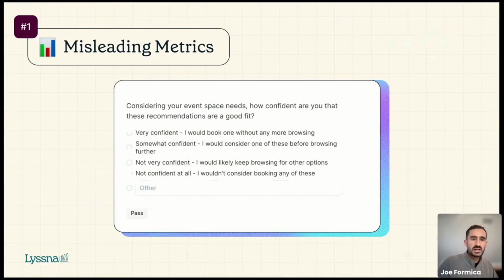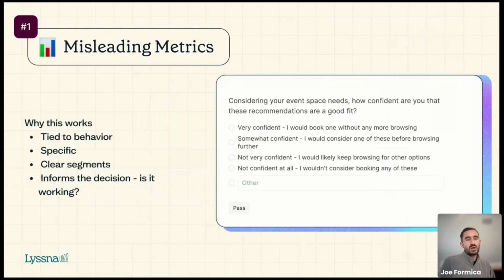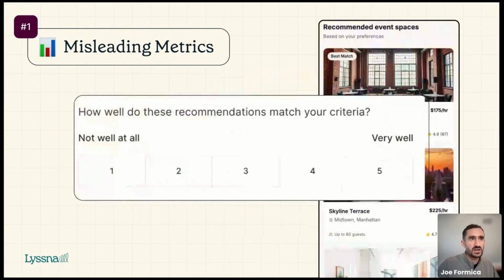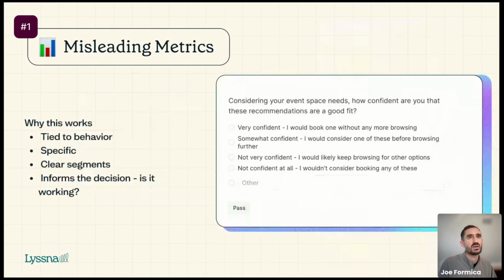So for misleading metric type questions, right, you want to tie it to specific behavior. Look for these types of questions in your study, ones that rely on quantifying something, and ask yourself, yes, this quantifies something, but does it really give me a clear understanding of how users feel about this?